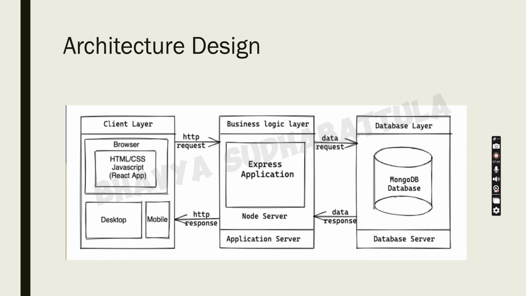That is in the MongoDB database, which holds the data about WebStackAcademy, and it will give the data response. The data response is converted into an HTTP response by the application server, and we can see the images, videos, and everything, unstructured data, in our web page that is developed using HTML and CSS.